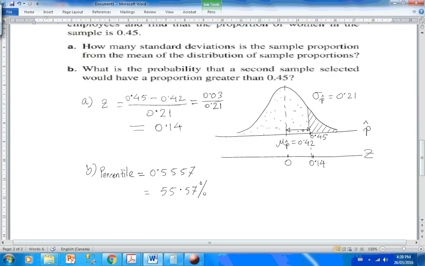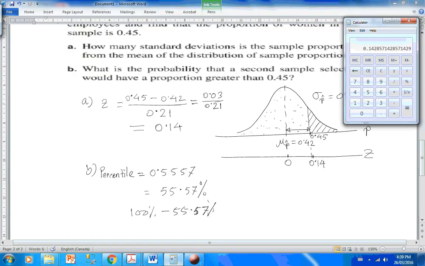So the area of this dotted region is going to be 55.57%, and therefore the area under the curve, which is this striped region, is going to be 100% minus this 55.57%.